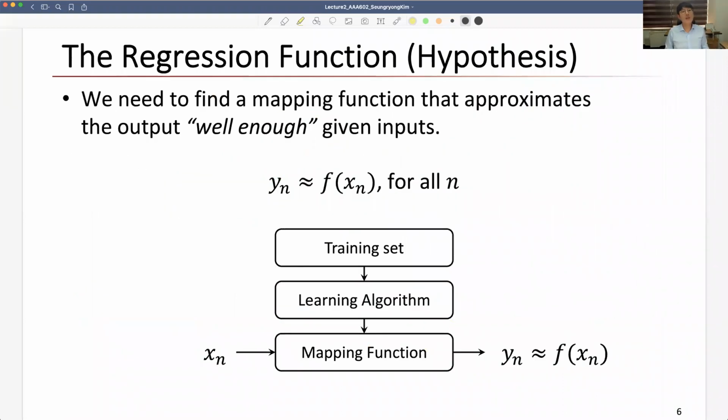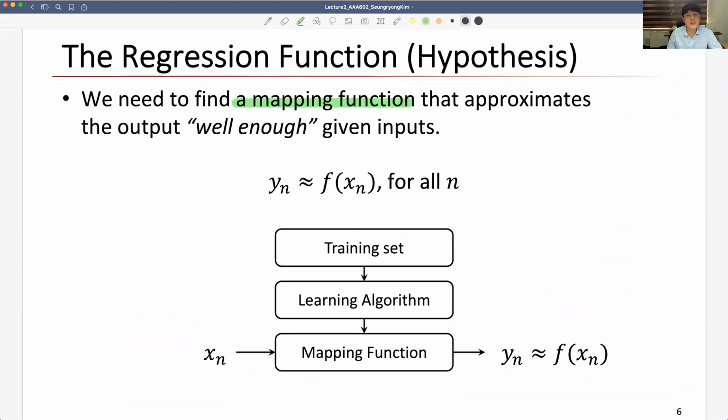Okay. So let's say we have a training data set now. Then what do we want to do? To understand this training data set, we need to find the mapping function. Then what is the mapping function?